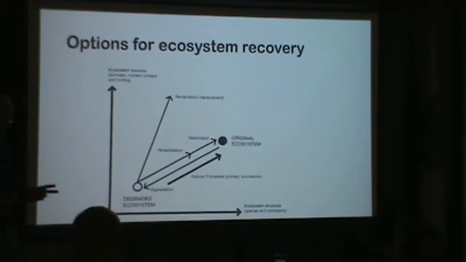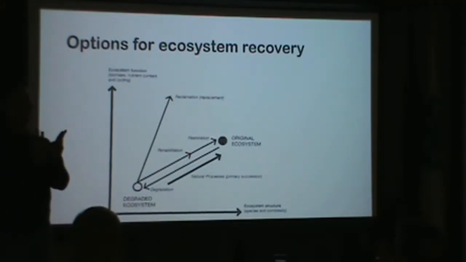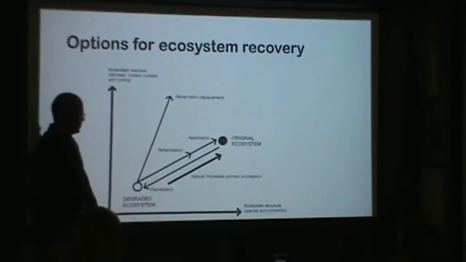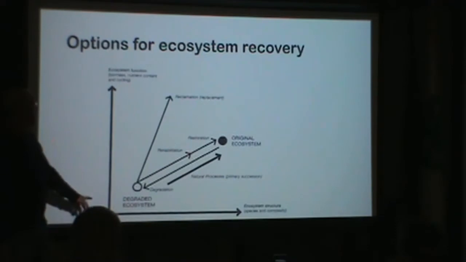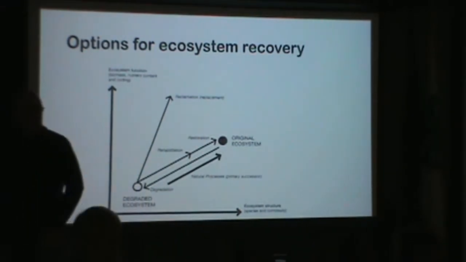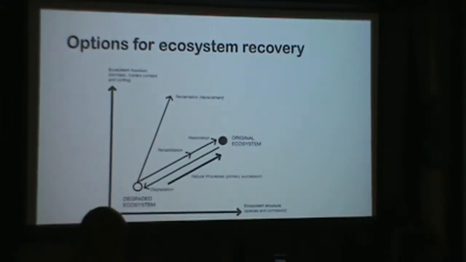So you can think first of ecosystems having two dimensions, right? Structure, represented with the horizontal axis here, and function represented by the vertical axis. So what is structure? Who's there, who's not there, in what proportions, how complex is the food chain, etc. So we are talking about the biotic communities.